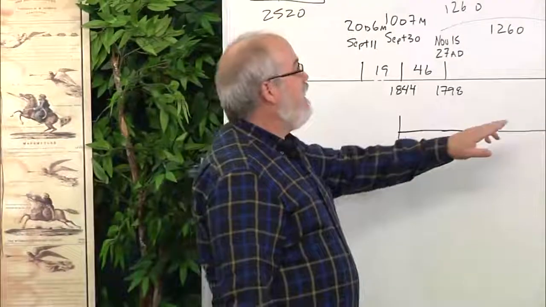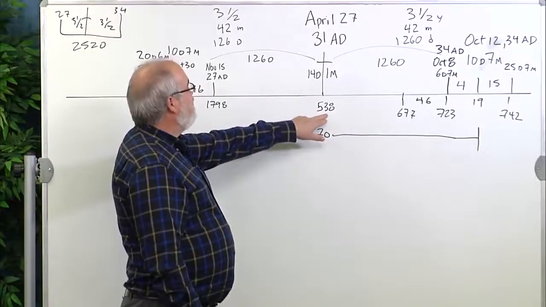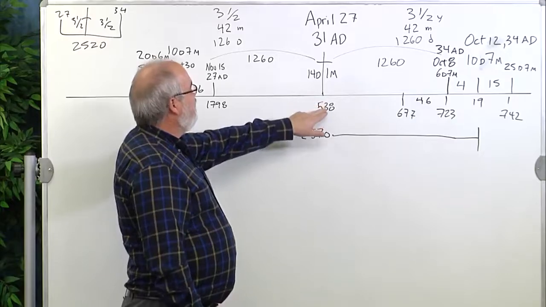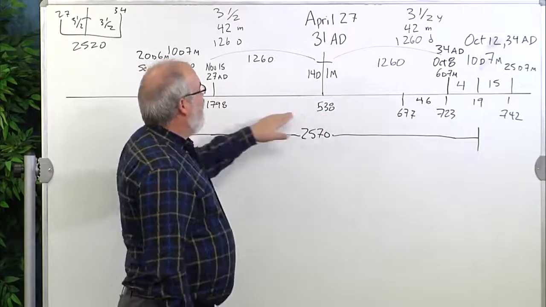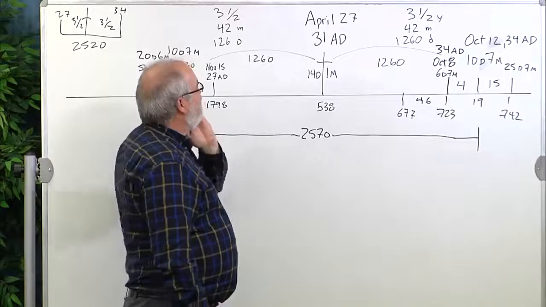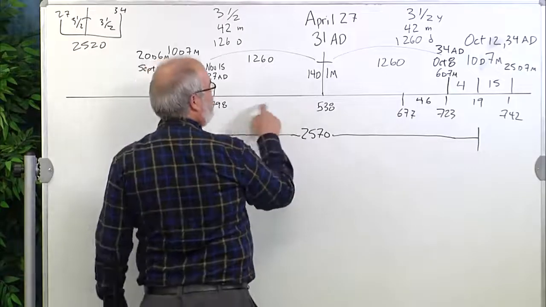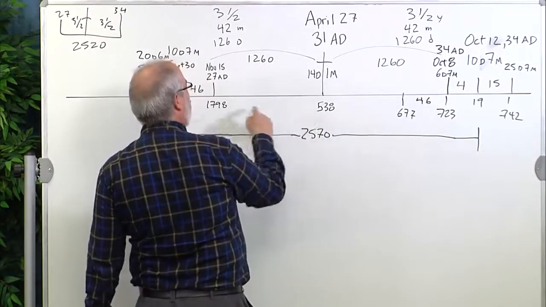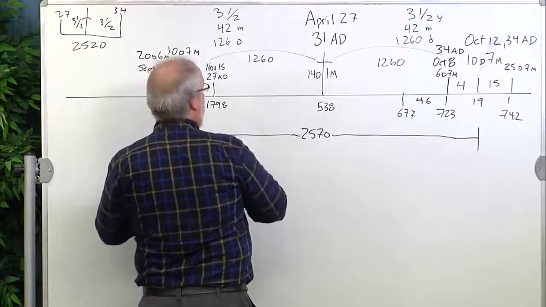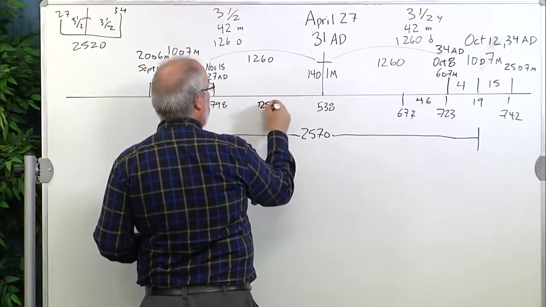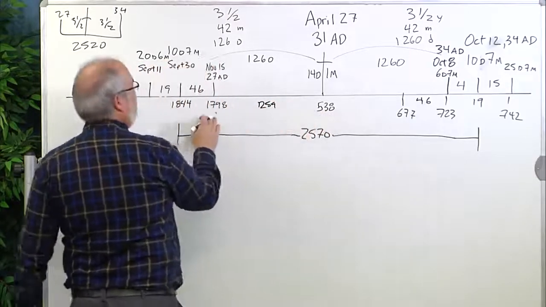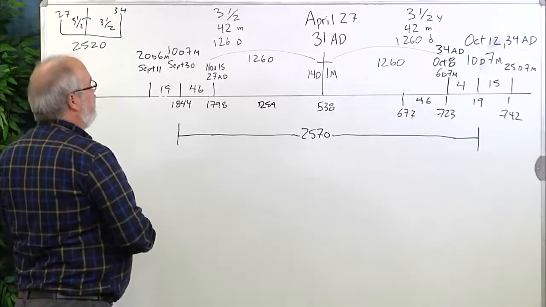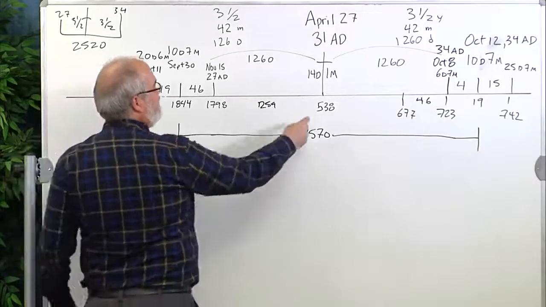In a sense, I'm counting this differently here on the bottom than I am going this way. So I'm 1 year short. It's like if I counted the actual number of days, it's 1,259 days, but I'm having it represent 1,260 years. So I have to, in a sense, count this as 1.